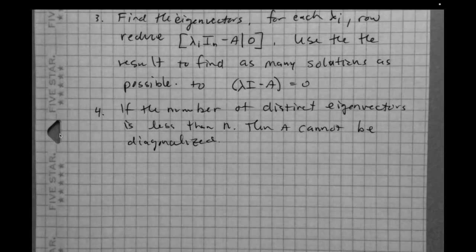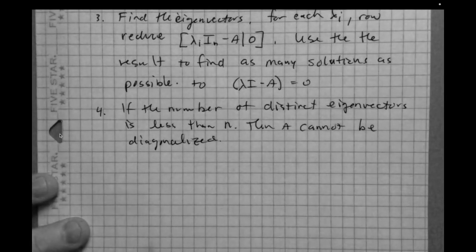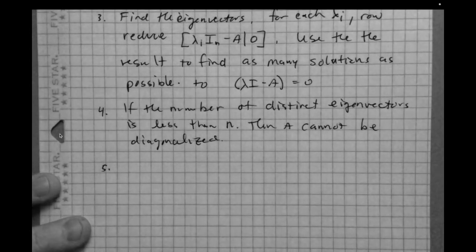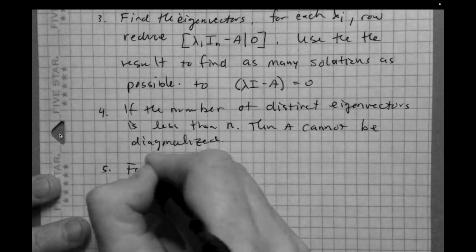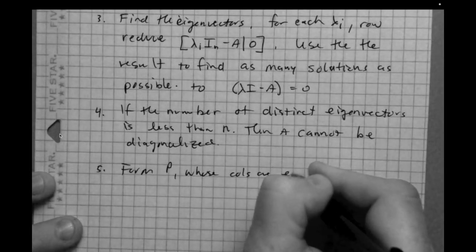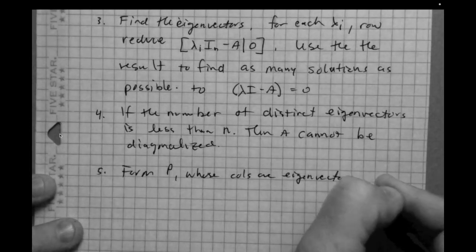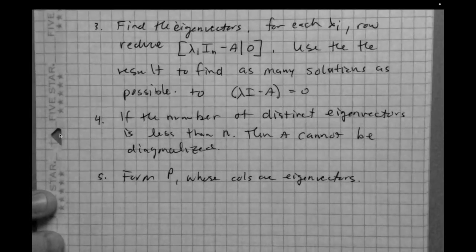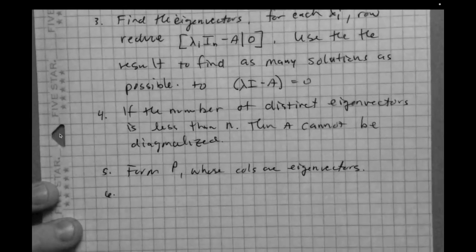So if you get to step 4 and you don't have enough eigenvectors, say you have n minus 1, you can safely walk away and say, I can't diagonalize this. There's not enough, and P will not be invertible. But assuming that's not true, form the matrix P whose columns are eigenvectors, and then you're done.